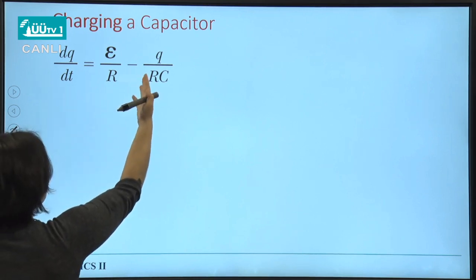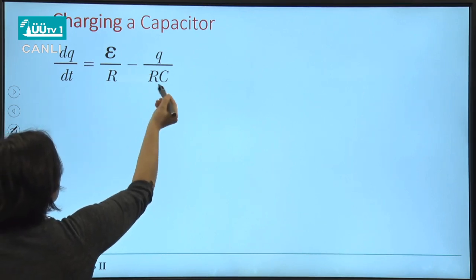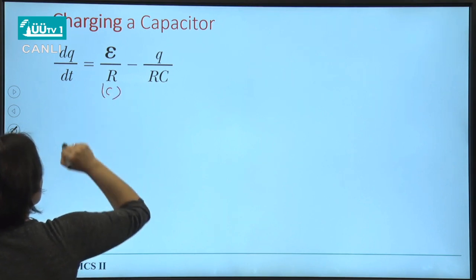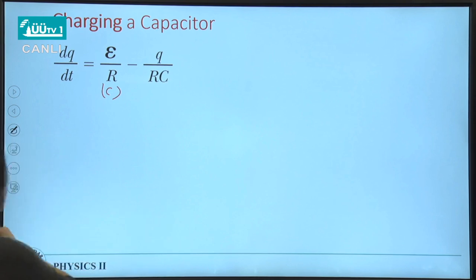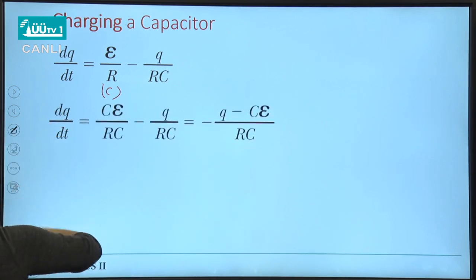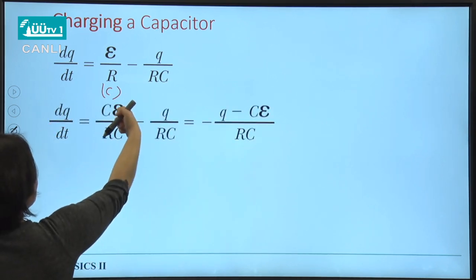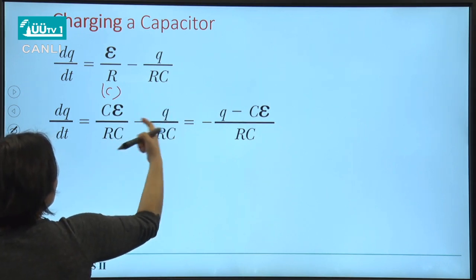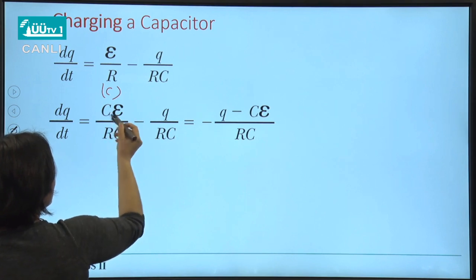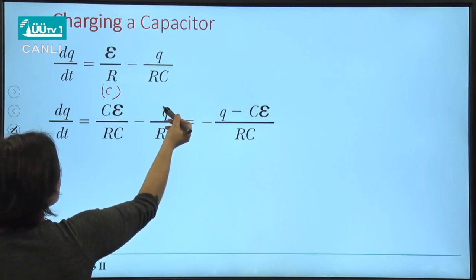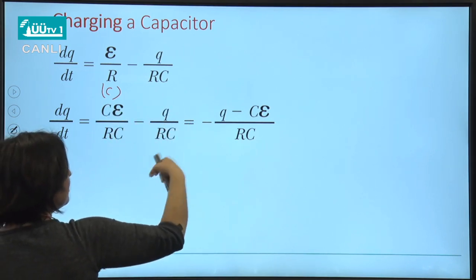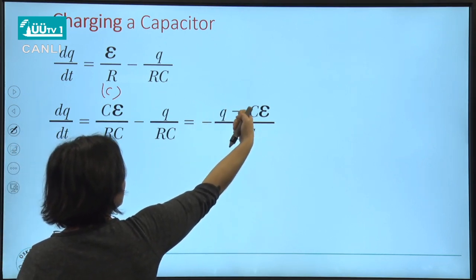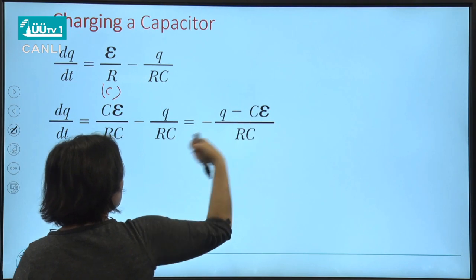How can we solve this problem? First of all, we should multiply this side by C, and we can obtain dq over dt equals C epsilon over RC minus Q over RC. Now you can write this as C epsilon minus Q over RC, but we can also write it in minus form, minus Q minus C epsilon over RC.